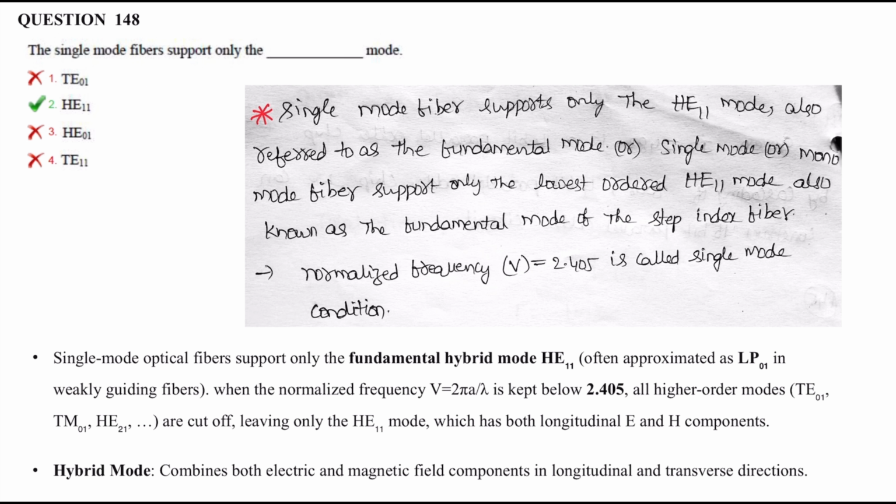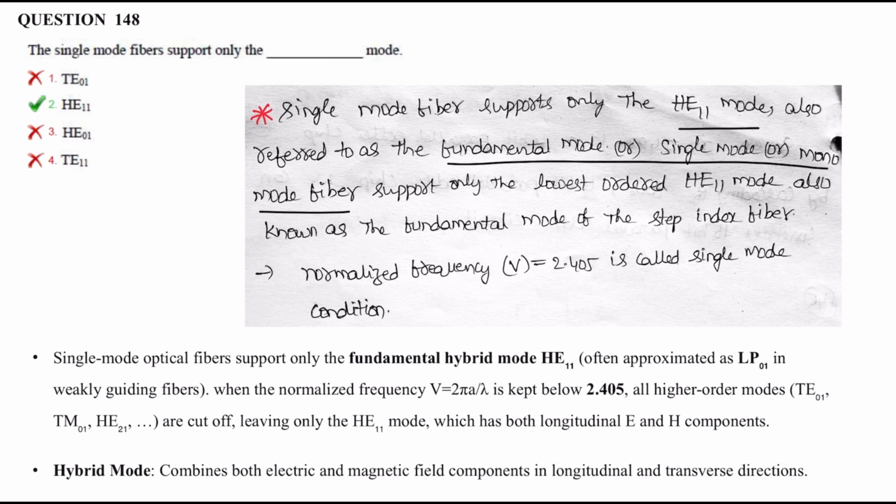Question number 148. The single mode fiber supports only dash mode. Single mode fiber supports only HE11 mode, also referred to as the fundamental mode, single mode or monomode fiber. It supports only the lowest order HE11 mode, also known as the fundamental mode of the step index fiber.